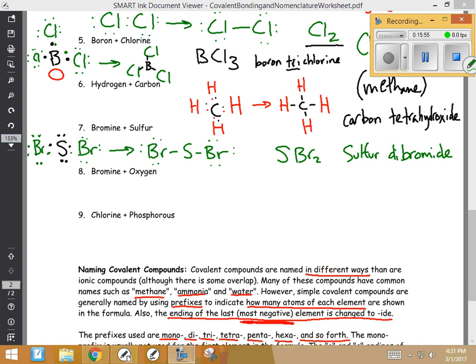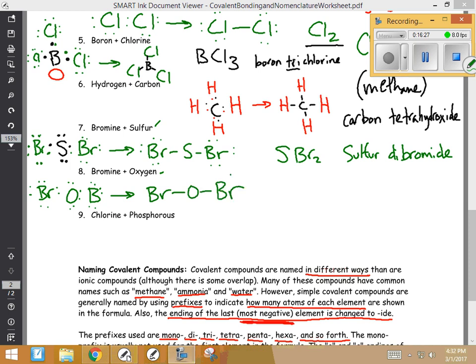Bromine and oxygen, well, they do the exact same thing because oxygen is very similar to sulfur in that it has 1, 2, 3, 4, 5, and 6 electrons in its valence shell. And bromine, still with the 7. They both have 8. An octet, and so this is going to look something like this.